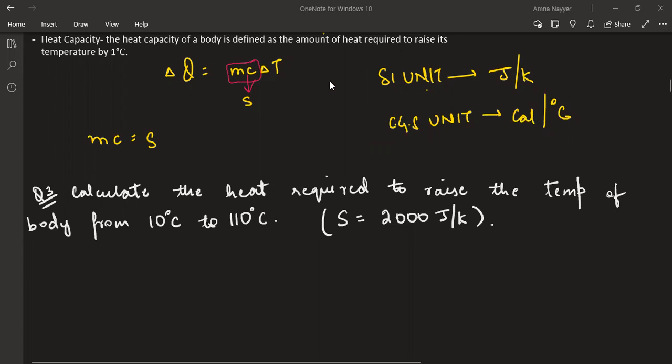Yes, right. It will be a positive value because you will subtract the lower from the higher one.